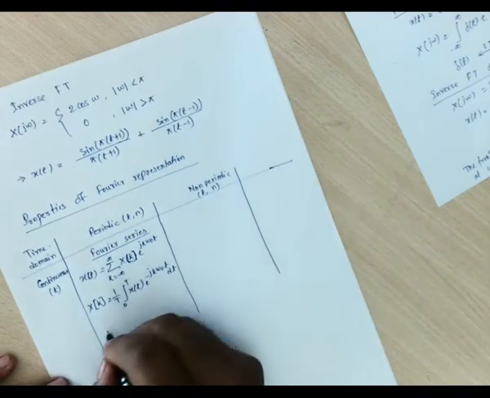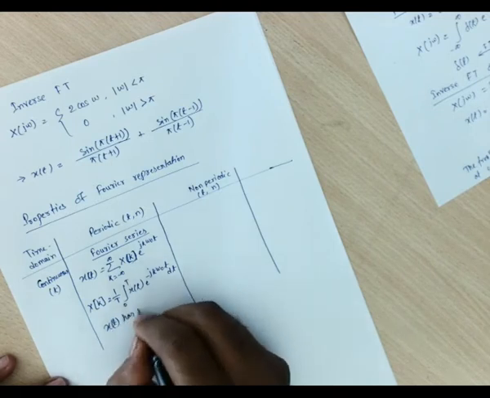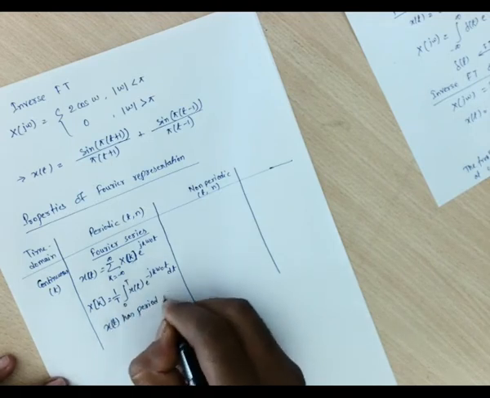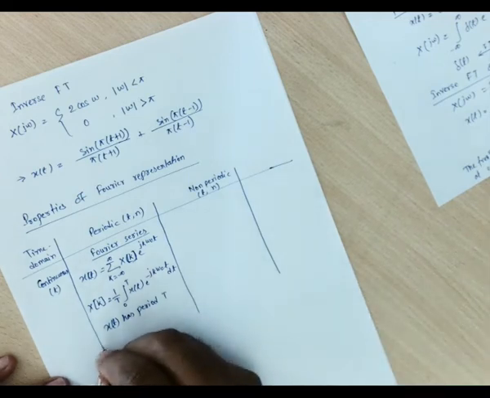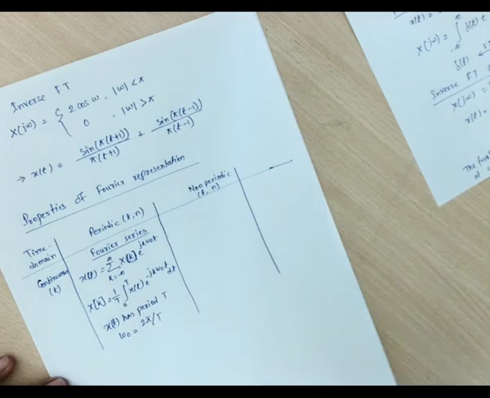So x of t has the period of T, and our fundamental frequency omega naught is represented by 2 pi by T.